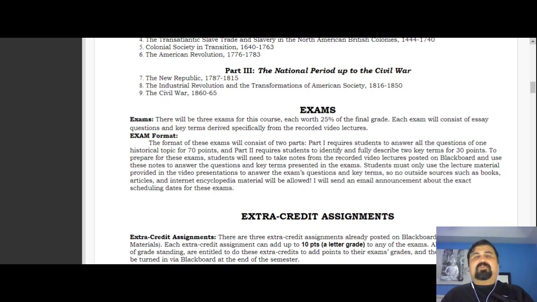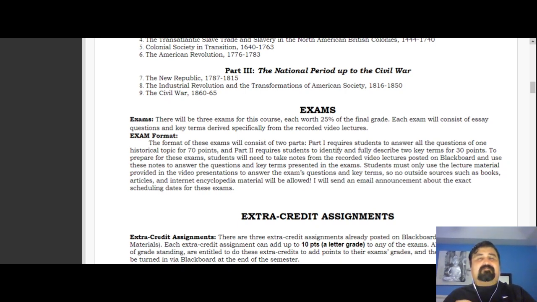Now, the format of the exam. First and foremost, those exams are not going to have any multiple choice. There will be no fill in the blank or any of that.